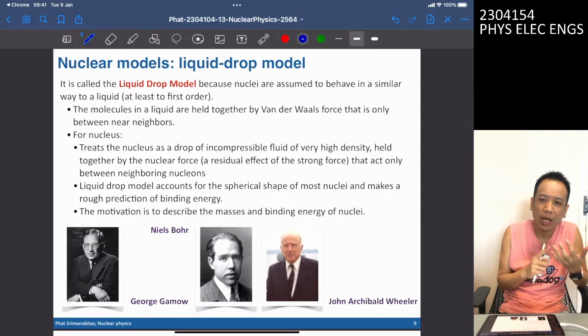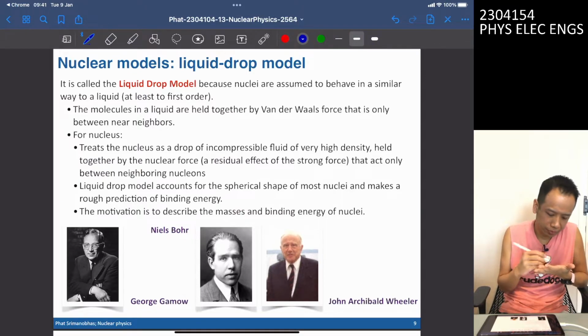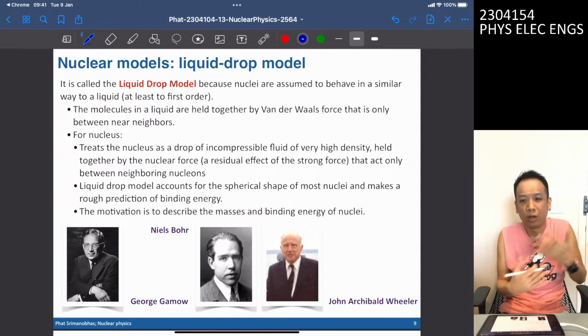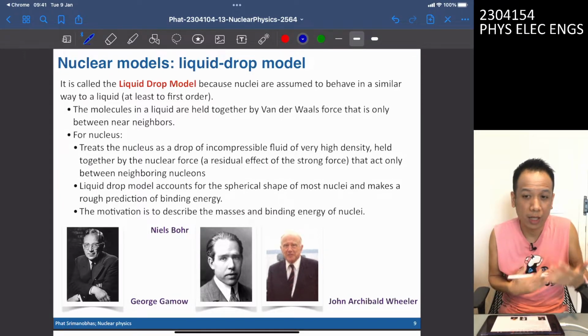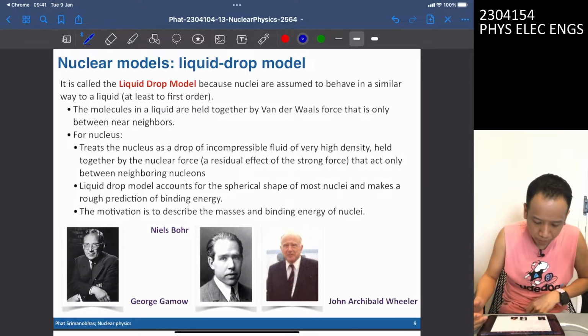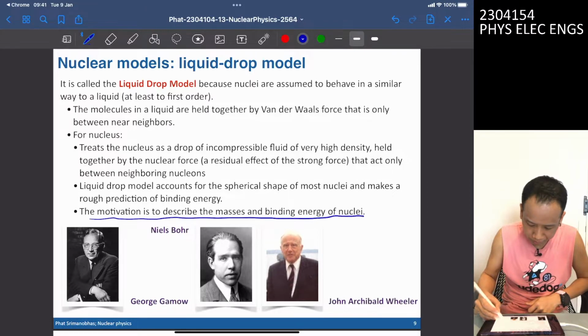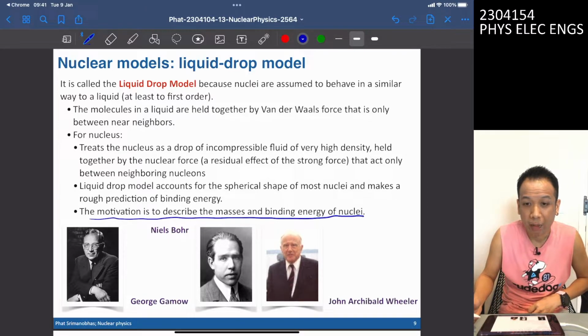Most of them don't really involve computation, but they try to teach you how the model is motivated and how it works, okay. So in this lecture, I pick one of them, which is what we call the liquid drop model. Why do I need that? Because the motivation of this model is to describe the mass and the binding energy of the nuclei. That's what we are discussing.